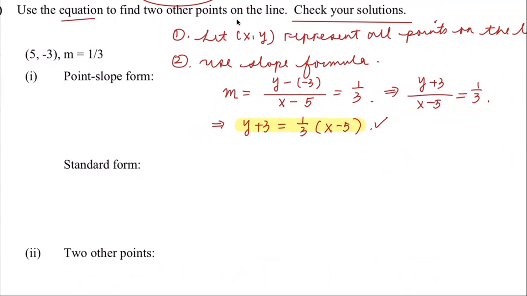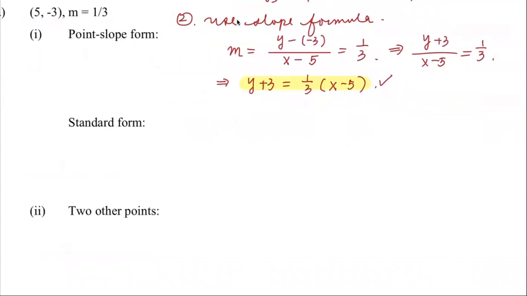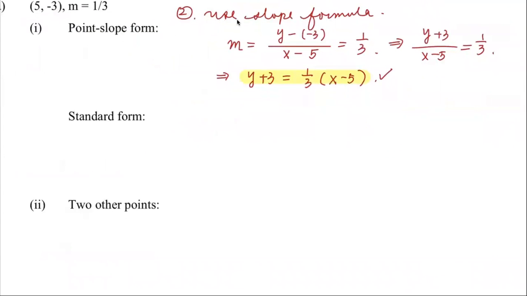Standard form. How do we change this to standard form? Let me remind you again, standard form looks like ax plus by plus c is equal to 0. How do we change this form to standard form? First of all, we move everything to the left side of the equation and leave the right side 0.